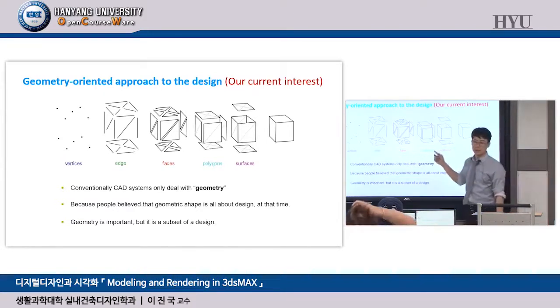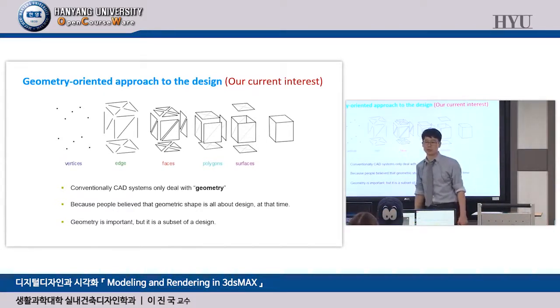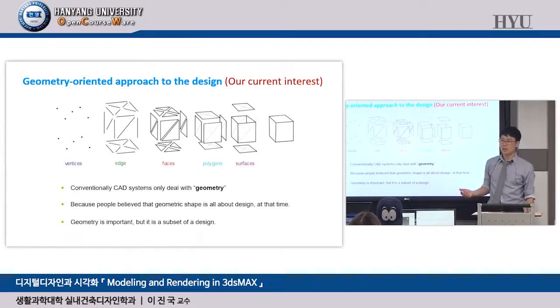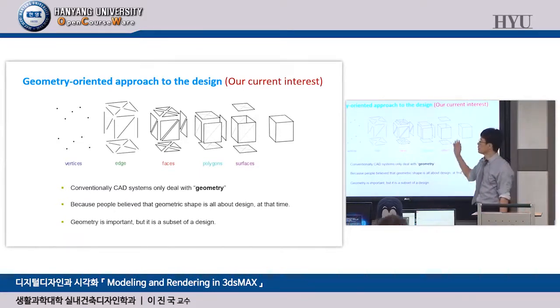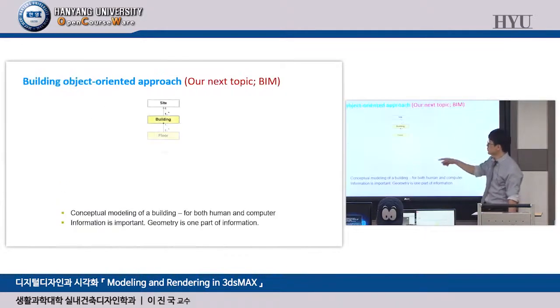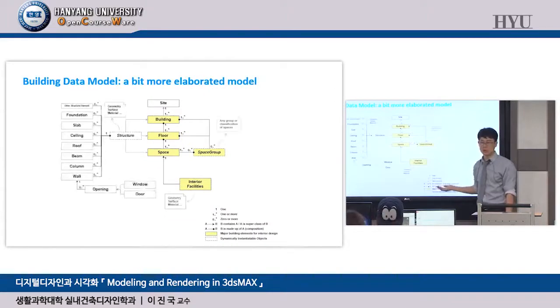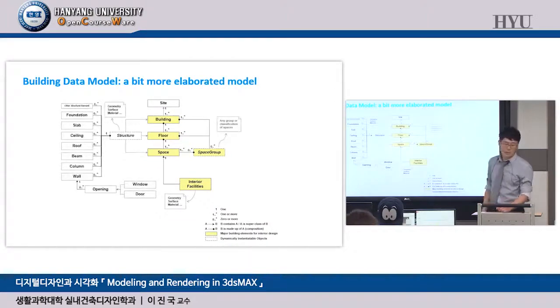You can design anything because it's a geometry-oriented approach, okay? General purpose. Something has geometry. This is fitting every object in the world. But this approach is only available for buildings, okay? For the building. That's the difference between those two approaches.